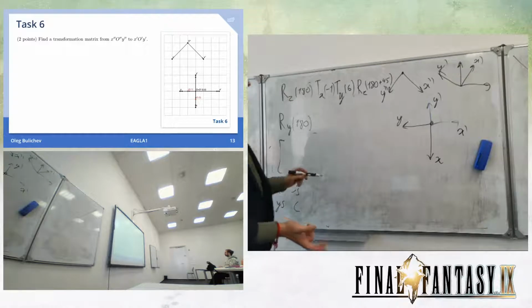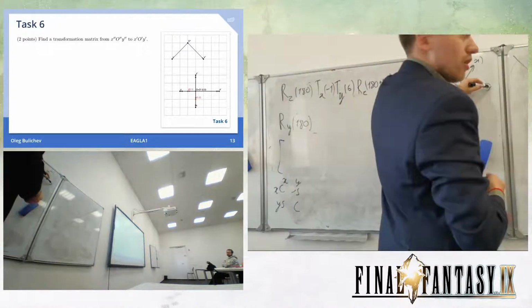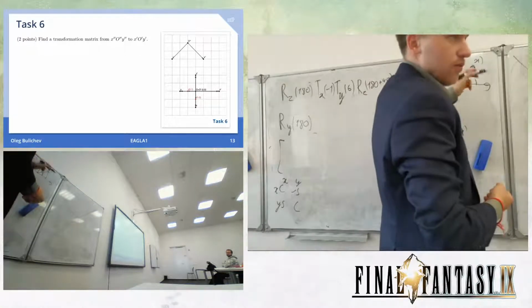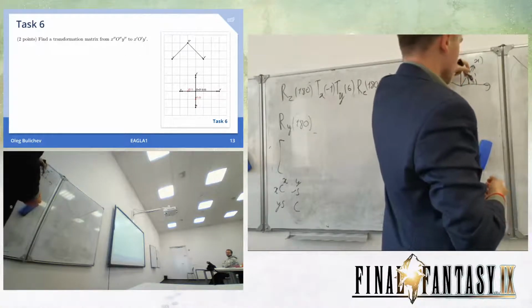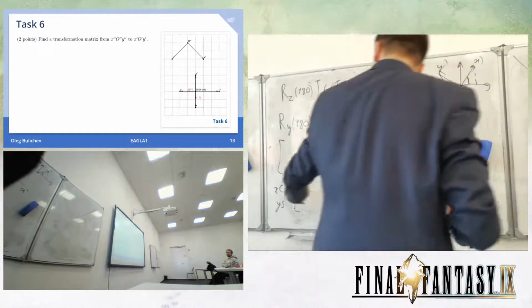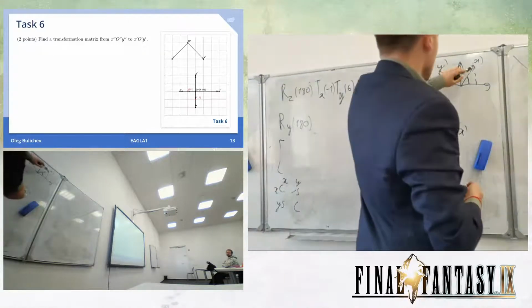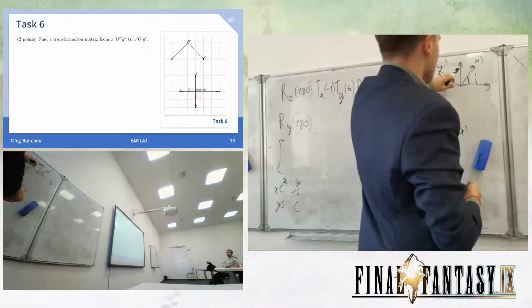So x, x, x on the x-axis, cosine alpha, because cosine, minus x on y. We have x there, y there.